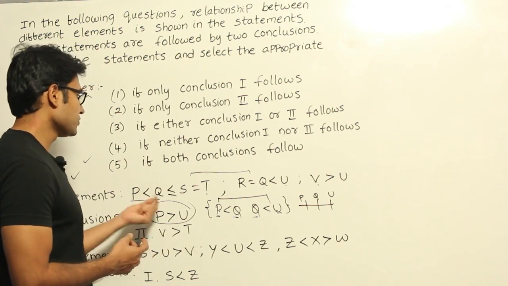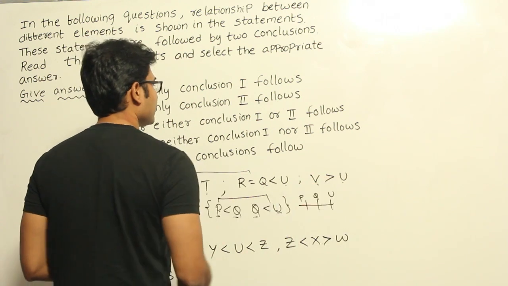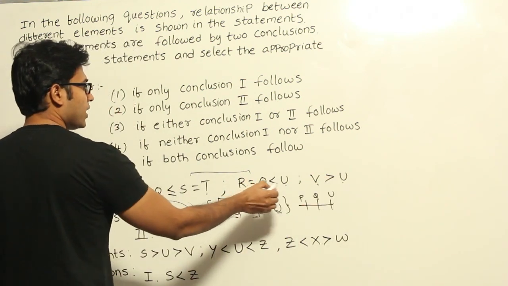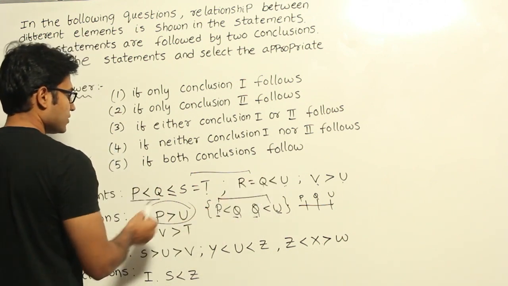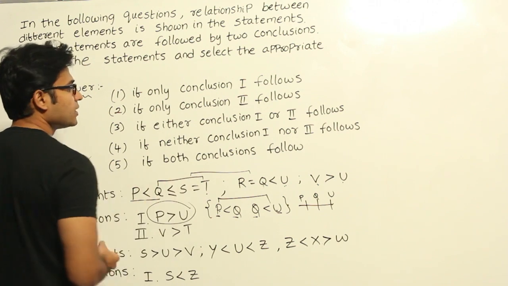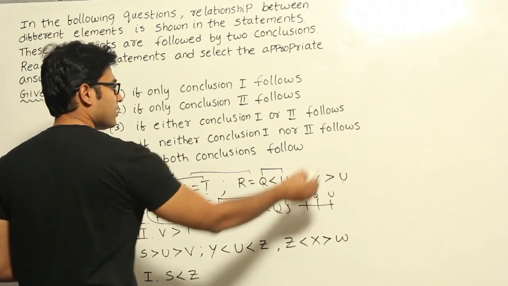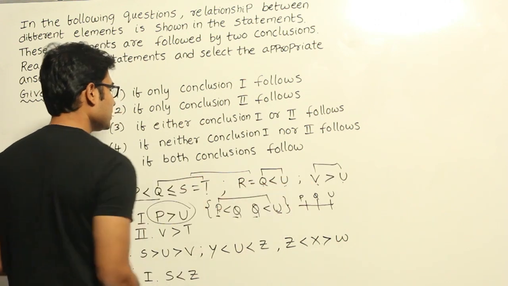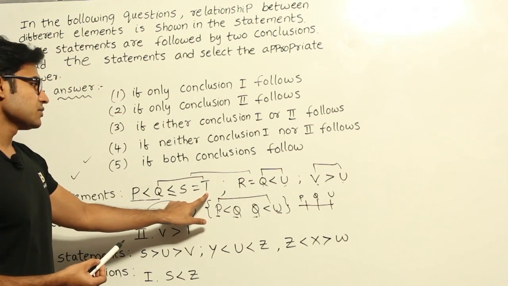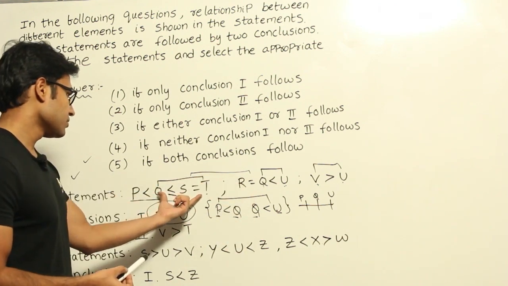There is a relation between U and V, a relationship between Q and U, and a relationship between Q and T. So I'm going to use these three and combine them to see if I can get the relationship between T and V.